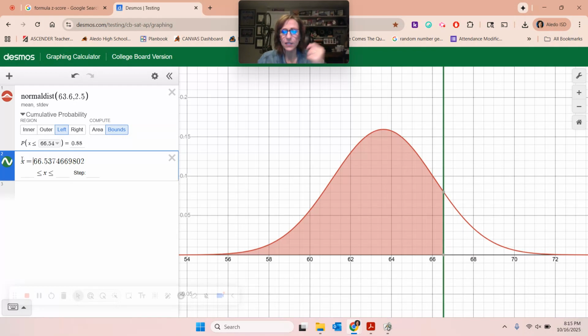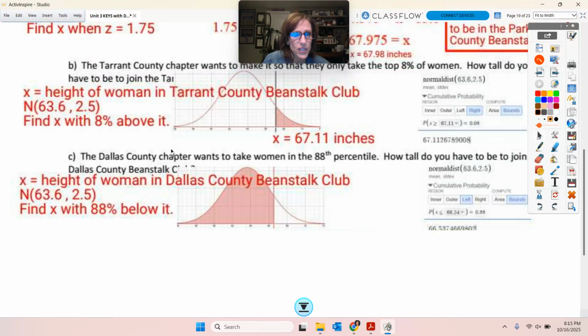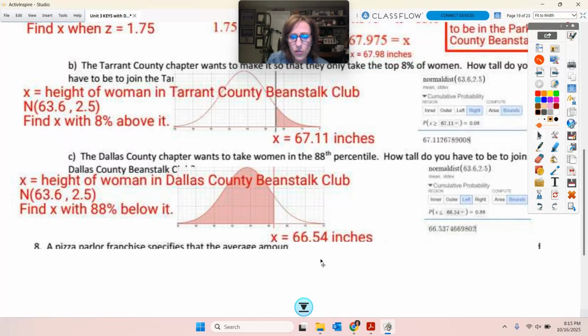If you want to see it on the screen, here it is. Okay, so notice what I did was I defined what I'm looking for. Normal model, find x with 88% below it. Quick sketch, and now answer it. So there's my work I am showing. X is 66.53 inches. Okay, so next, now we have a new problem.